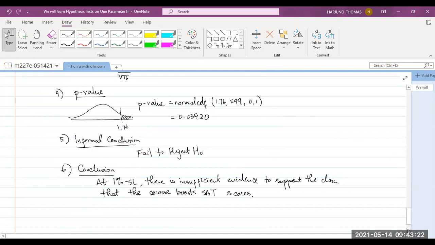There is no sufficient evidence to support the claim that the course boosts SAT score very significantly, but there is sufficient evidence to support the claim that the course boosts SAT scores significantly.